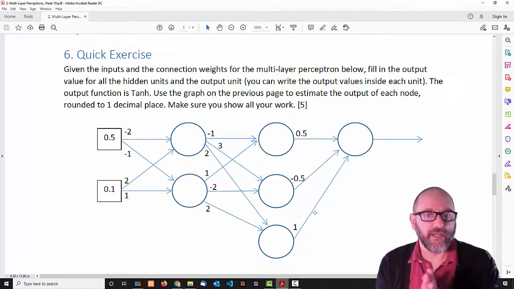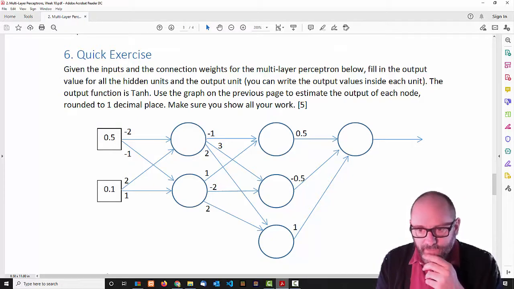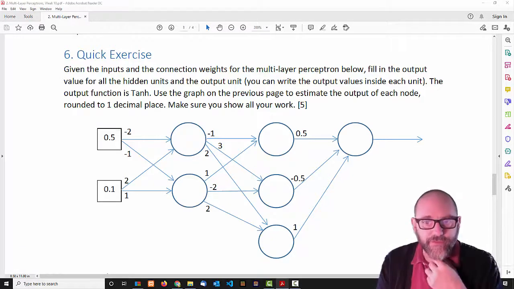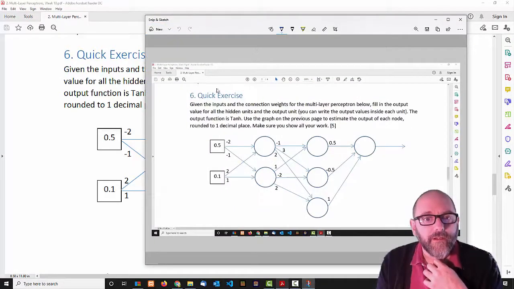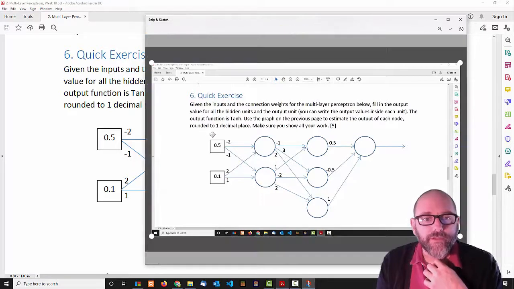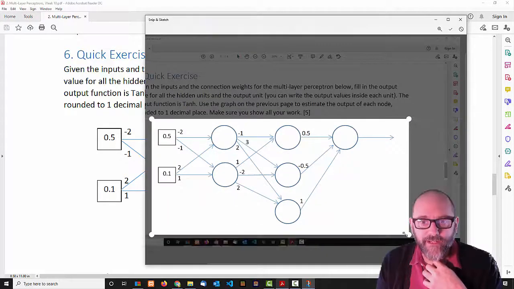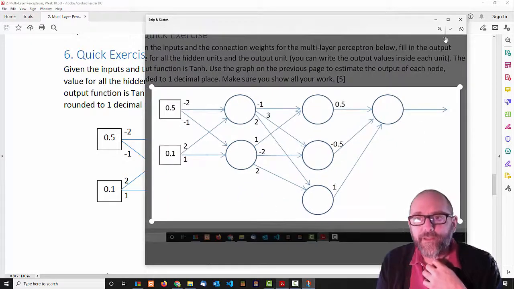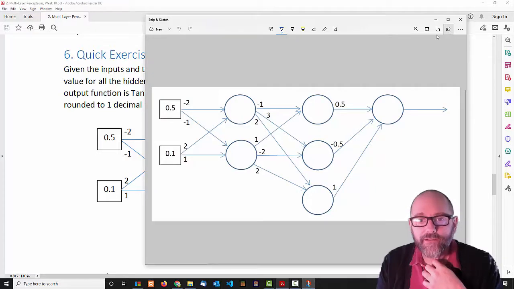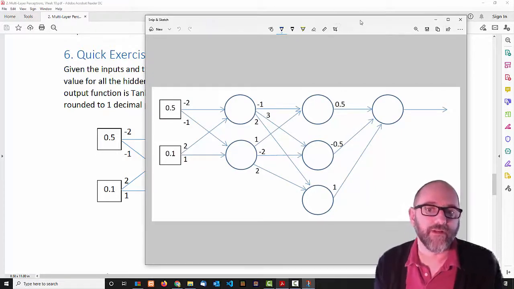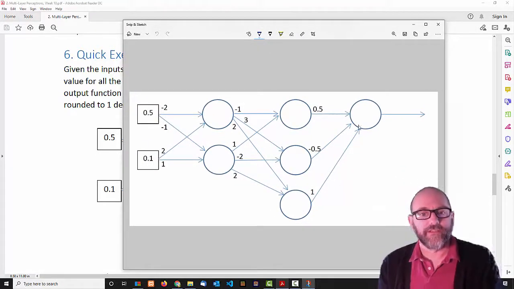Here's a little exercise for you to do. Let me just snip this out. I'm going to use my full screen snip here. I can't ask you to simulate the backpropagation step. It's too complicated. But let's snip this out so that I can draw on it. So this is a picture of a neural network with 2 inputs.